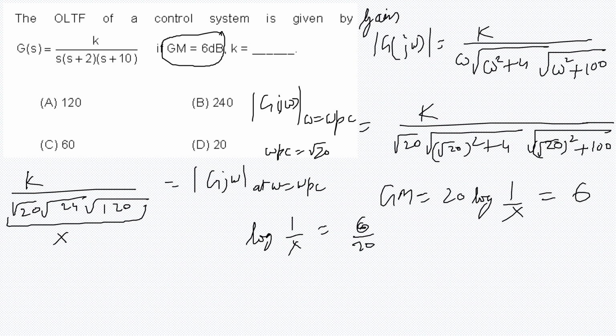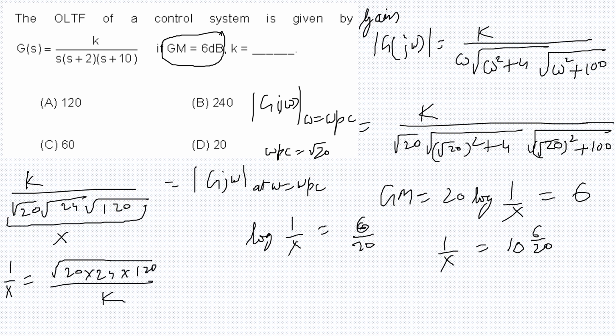Now if you take the anti-log, you get 1 by x equal to 10 power 6 by 20. So 1 by x, the reciprocal of this, is equal to root of 20 into 24 into 120 by k, which is equal to 10 power 6 by 20.